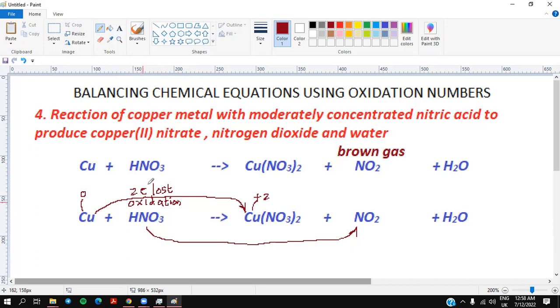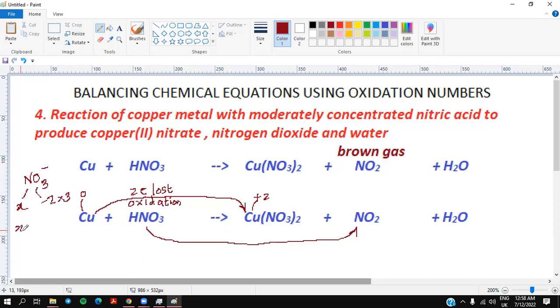And then what about the nitrogen? Nitrogen is on the left-hand side in the nitrate ion. I will remove the hydrogen ion and take NO3 for the oxidation number calculation for nitrogen. Nitrate is NO3 minus. Oxidation number of nitrogen is X. There are 3 oxygen. 1 oxygen has -2, times 3.